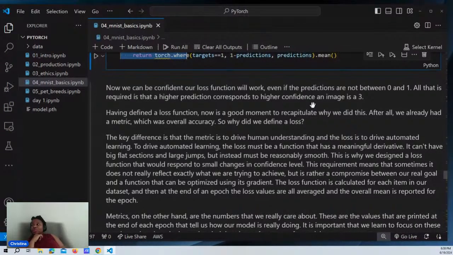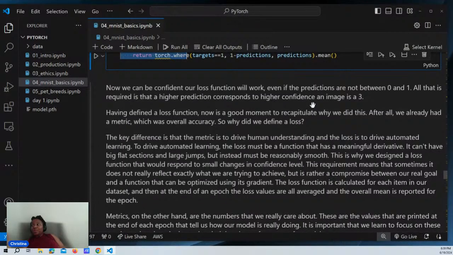And I guess they want to reiterate why loss is a thing. The key difference is that the metric is to drive human understanding, and the loss is to drive automated learning. To drive automatic learning, the loss must be a function that has a meaningful derivative, so a meaningful slope or change. It can't have big flat sections or large jumps, but instead must be reasonably smooth.